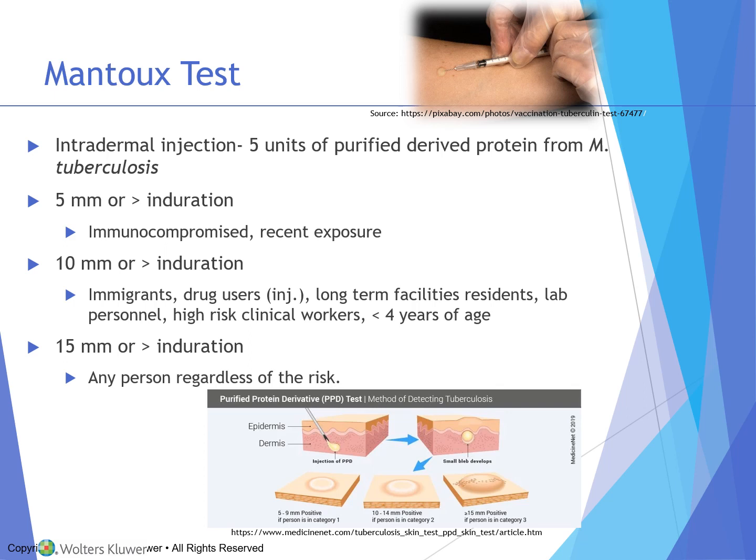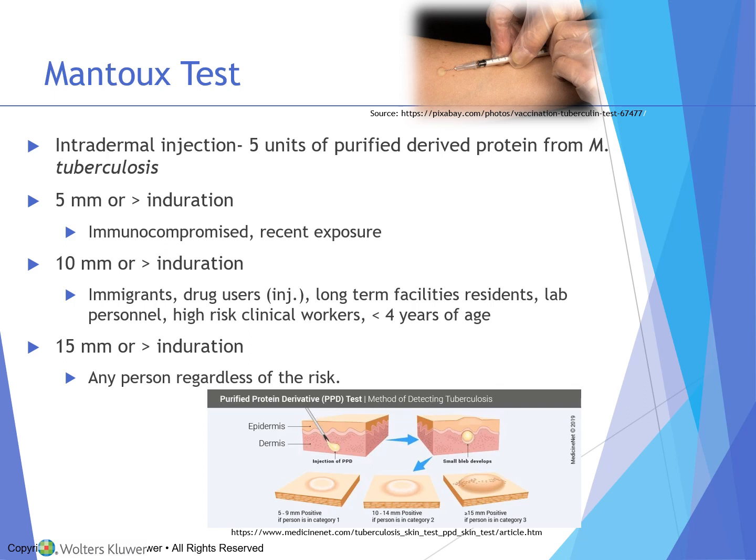If 5 millimeters are present, it is considered positive when the patient is immunocompromised. So we're thinking patients with HIV or any other condition that compromises the immune system, as well as recent exposure, regardless if they're immunocompromised or not. If they had recent exposure and the induration is 5 millimeters or more, then it is considered positive.